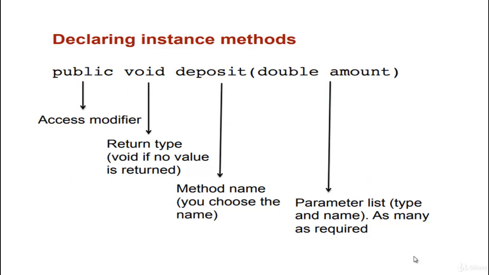Declaring instance methods. This is very important. You have to follow the syntax: public void deposit, open bracket, double amount. Public is the access modifier. Void is the return type. We use void if no value is returned.